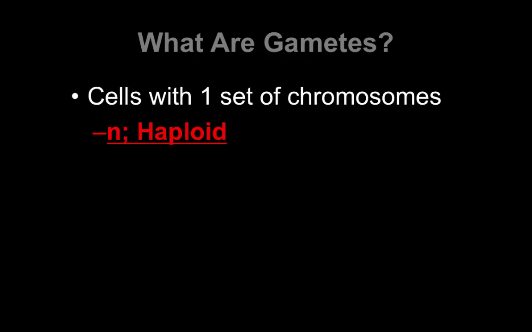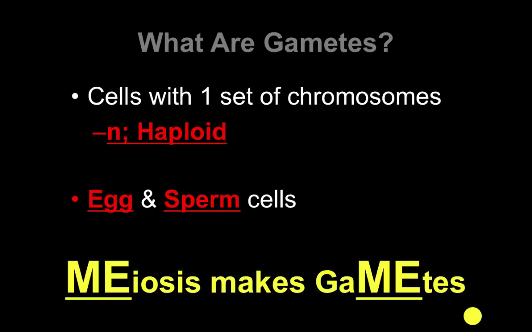So they are N or haploid cells. And in humans, these are your egg and your sperm cells. So the cells that we use for sexual reproduction. And so again, I like to think meiosis makes gametes. So meiosis makes me, and it makes me through gametes.